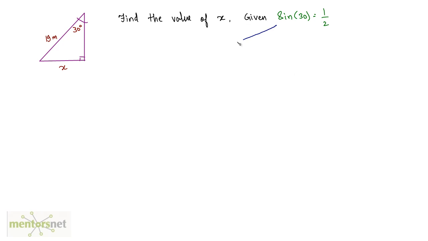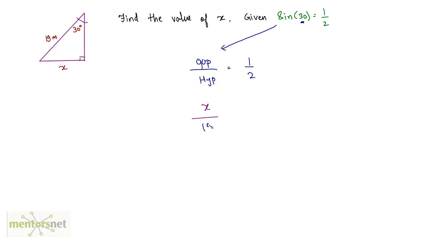Well, we know that sine 30 is equal to opposite upon hypotenuse, right? And that is given as 1 by 2. Now the angle is this 30 degrees. So what is the side that's opposite to 30 degrees? This side is opposite to 30 degrees. So I can replace the opposite with x divided by, we know the hypotenuse, and that's 19 meters.